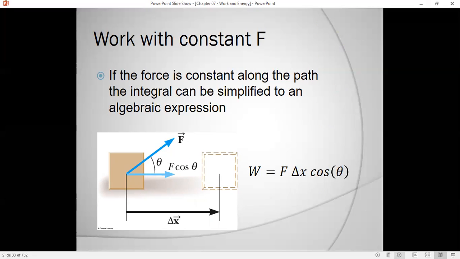Well, it doesn't really go away, but basically what happens here is if the force is constant and we integrate over some distance over that force, F being a constant is unchanged, and our integral just becomes delta x, or delta x times cosine theta. All right.